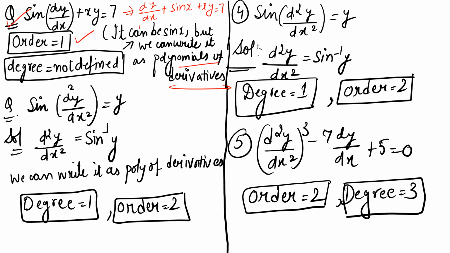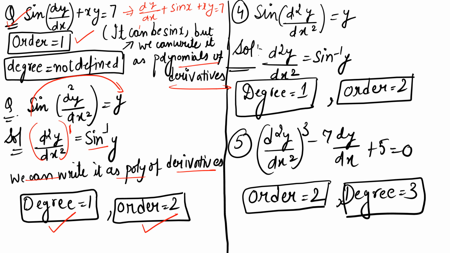Next question: sin of d square y upon dx square is equal to y. In this, we can write d square y upon dx square by taking sine to the right-hand side. It will become inverse. Now we can write it as a polynomial of derivatives. The highest order derivative is 2, so the order is 2. And the power of the highest derivative is 1, so the degree is 1.